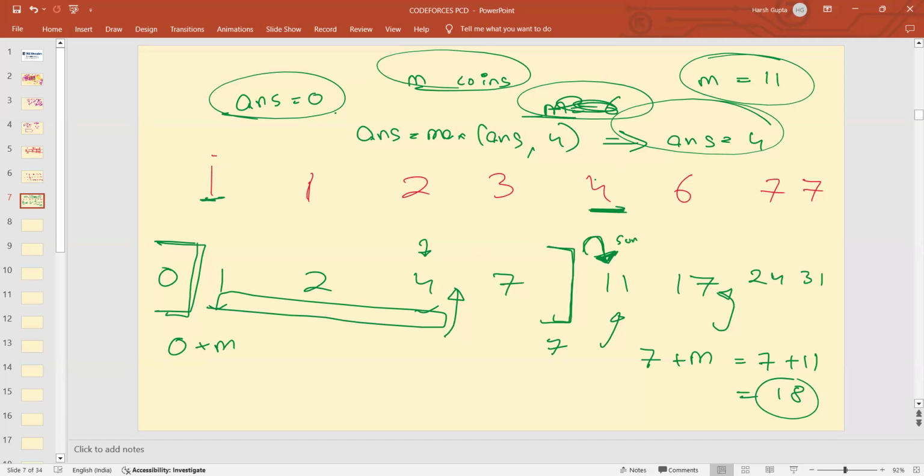So I can take this particular petal, it will cost me 4. I can take this particular flower as well, it will cost me 6. 4 plus 6 is 10, which is still less than 11. So my prefix sum array will tell you that you can go till this particular point.